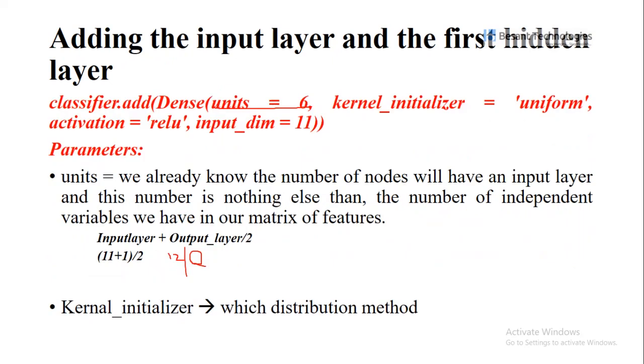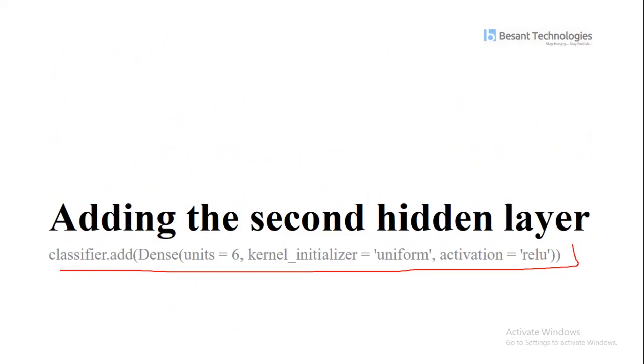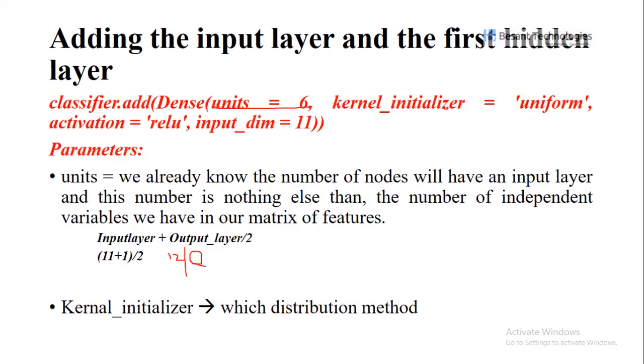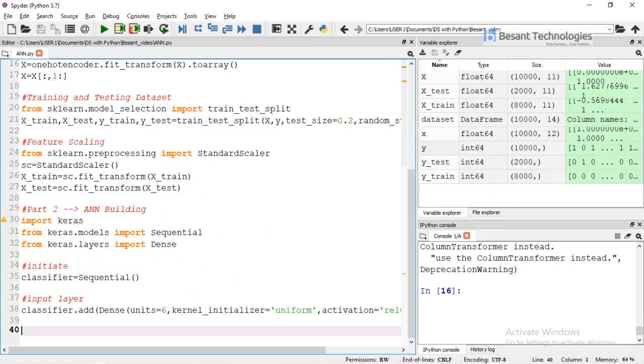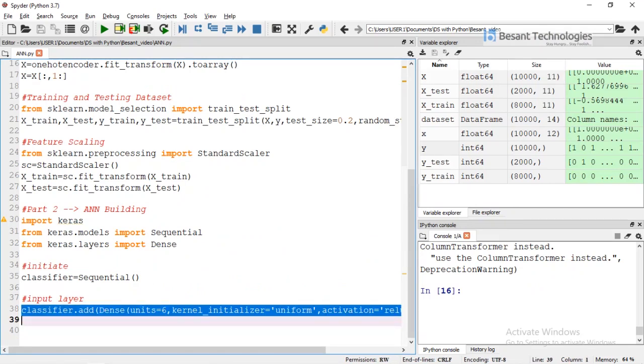Here there is kernel initializer, which is uniform, and activation is relu. Here we are not using input dim, the reason being that this is the hidden layer. So to add the second hidden layer, there is no need for much. We need to use the same thing.